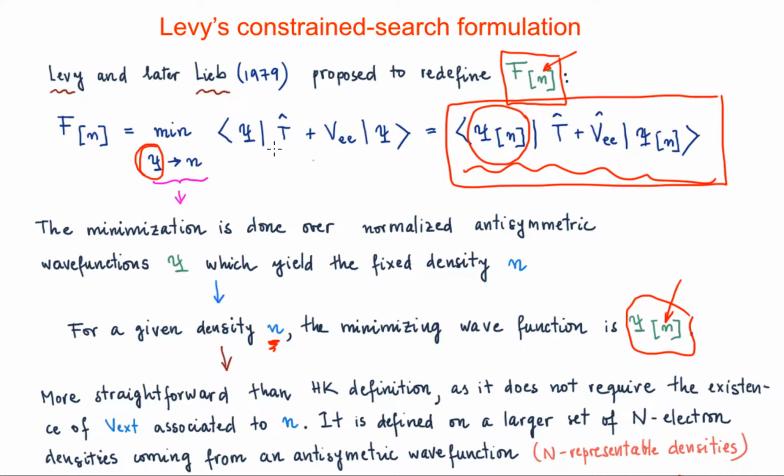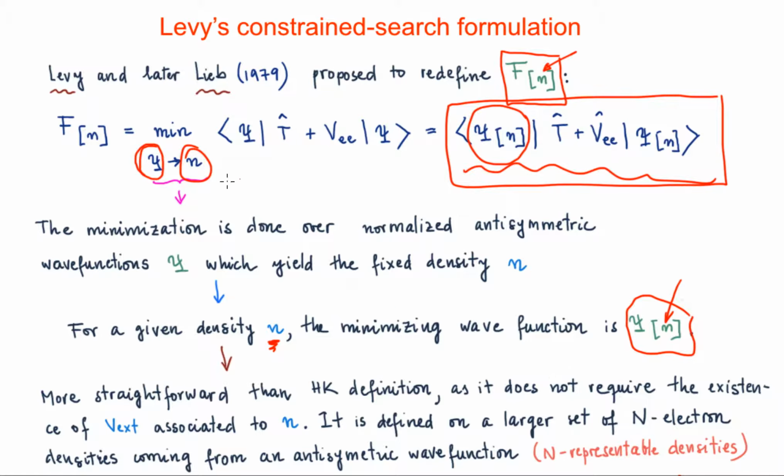That one is defined on a larger set of n electron densities. Here these are n electron densities coming from these anti-symmetric wave functions, and these densities are called n-representable densities.